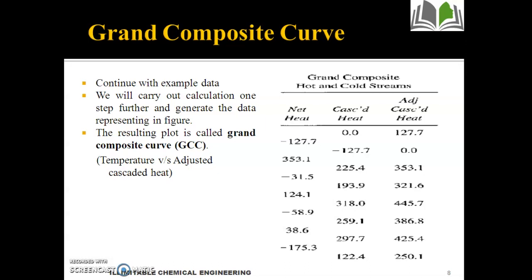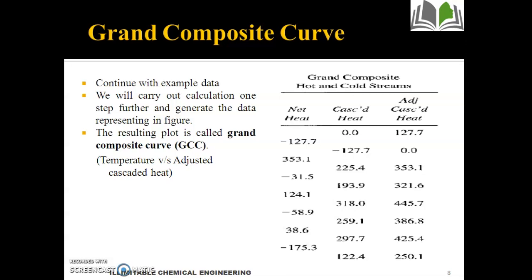So we look for the most negative number in this column, here it is minus 127.7 in the cascaded heat. This amount of heat must be supplied by hot utilities. We can accomplish this addition by putting the 127.7 kilowatt of heat into the top interval, which we do to create the last column in the table.